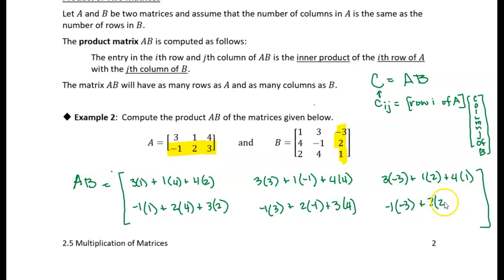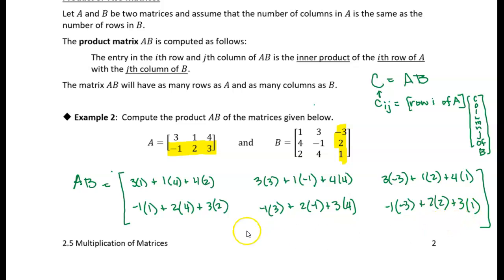Next element is 2. And then plus 3 times 1. So you get the -1, 2, 3 from the second row of matrix A, and then you have -3, 2, 1 from the third column of matrix B.